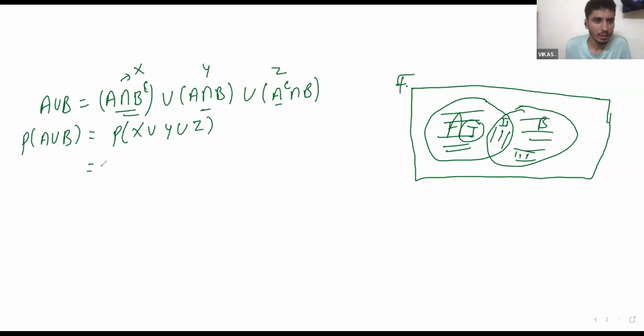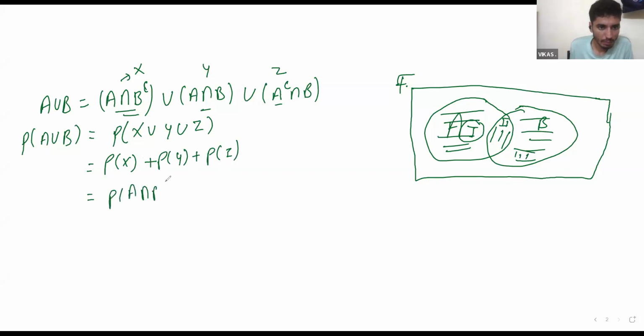So you can write easily that probability of X plus probability of Y plus probability of Z, that is, probability of A intersection B complement plus probability of A intersection B plus probability of A complement intersection B.